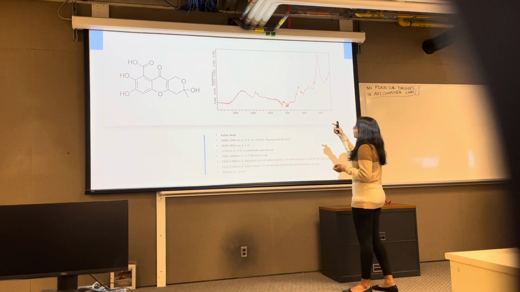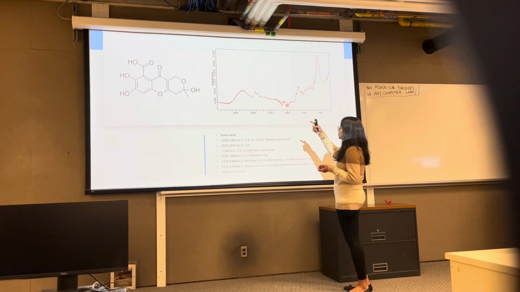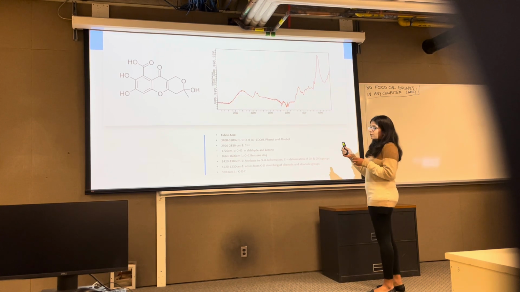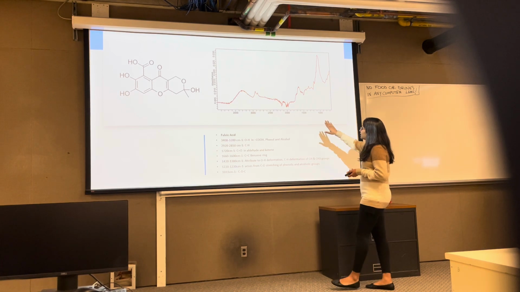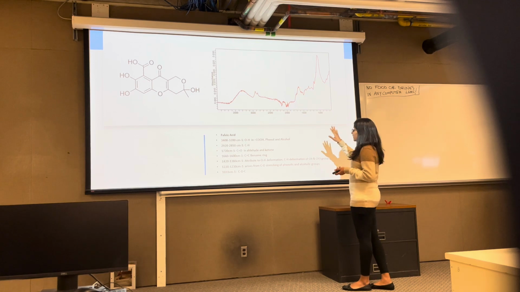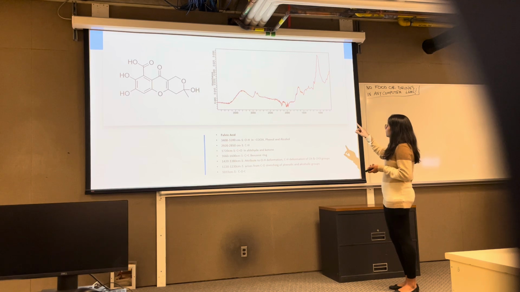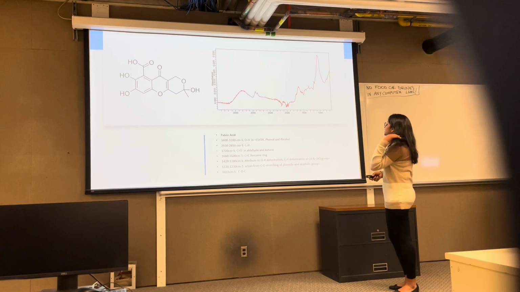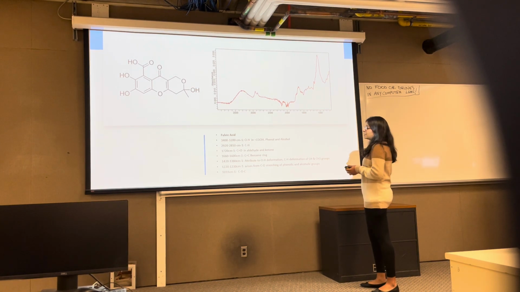And then from 2920 to 1850 we got a peak for C single bond H. And for aldehyde and ketone, we got a peak over here at 1720, and for benzene ring we got a peak here from 1660 to 1600, and here we got some peaks in the fingerprint region.